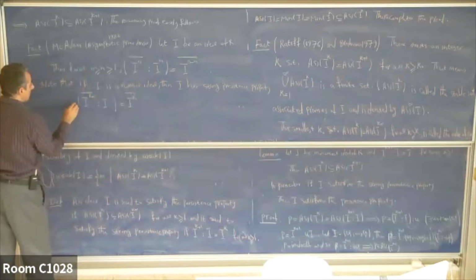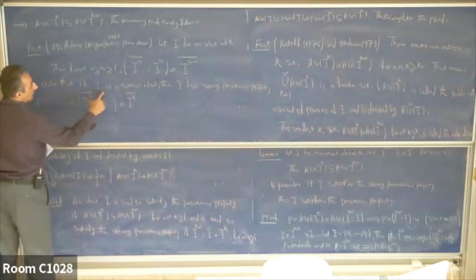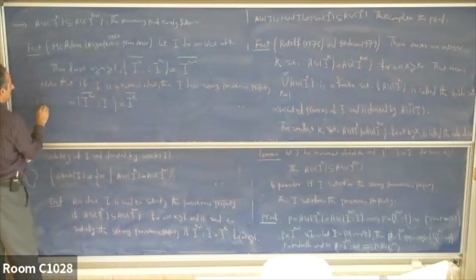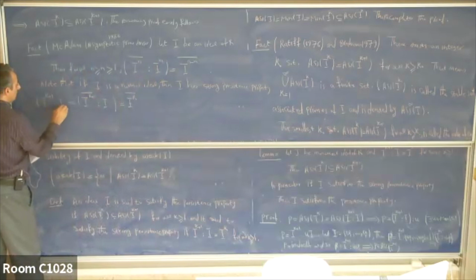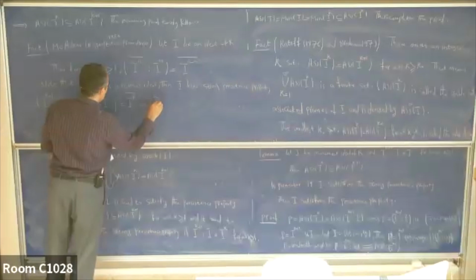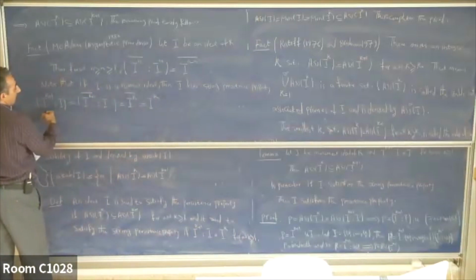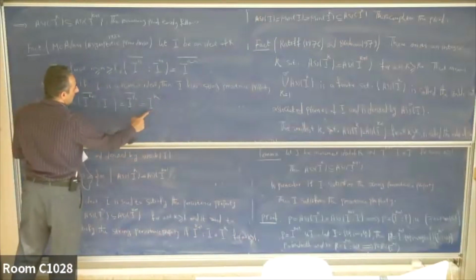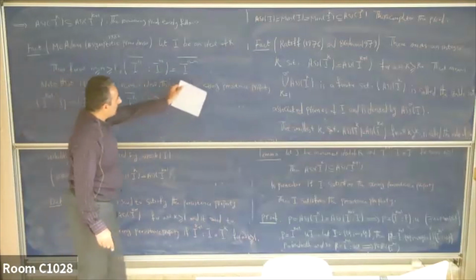But I is normal, so I^(k+1) colon I^k is equal to I. So the ideal is equal to this. So I has the strong persistence property.